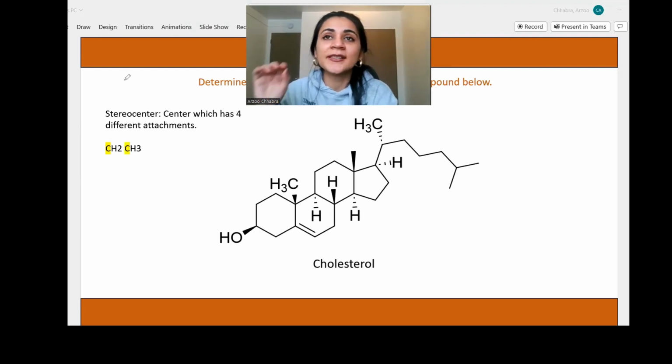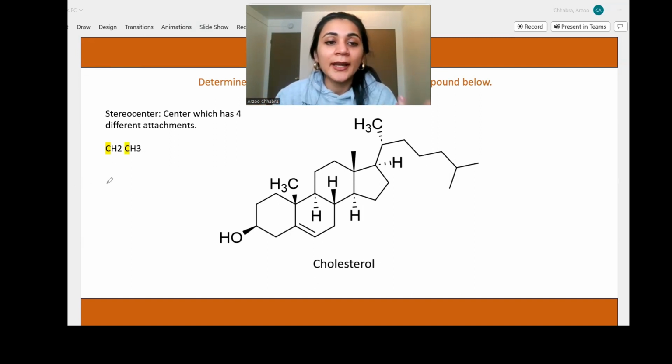So a stereocenter is an atom which has four different attachments. So it doesn't necessarily have to be a carbon center. It can be any other atom, for example, nitrogen, having four different attachments, and you would call that center a stereocenter, okay?